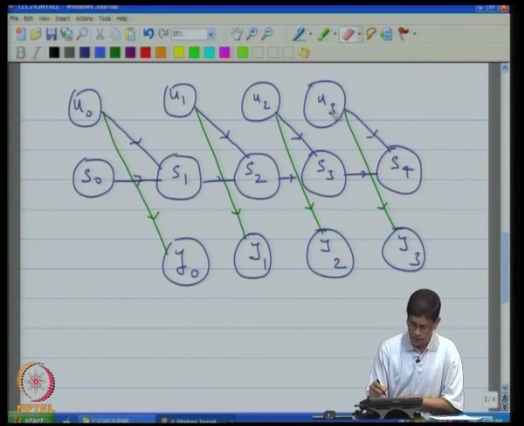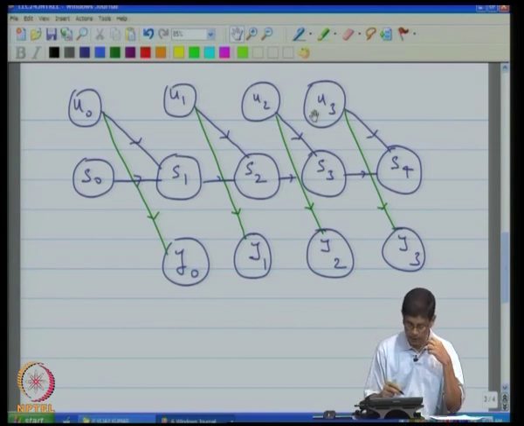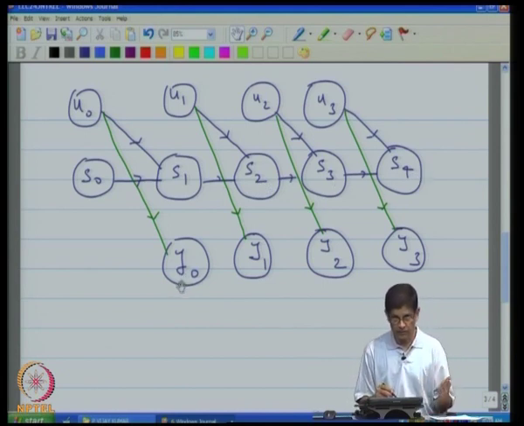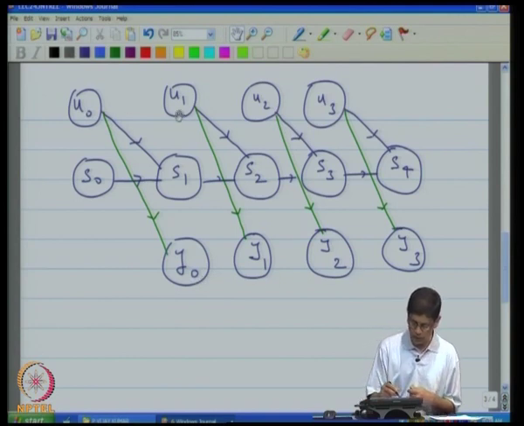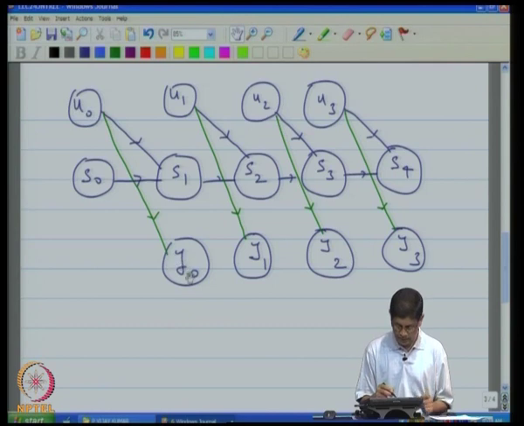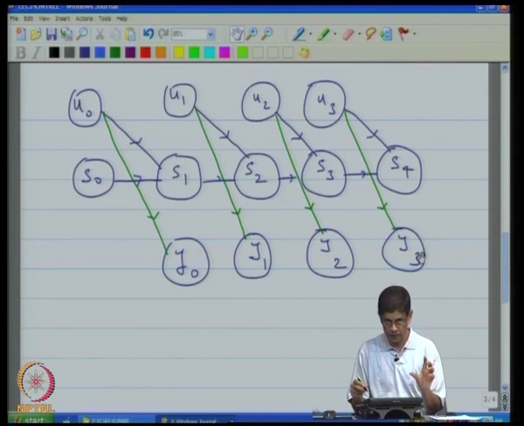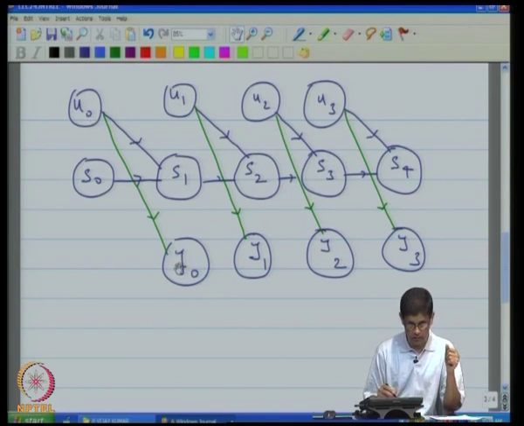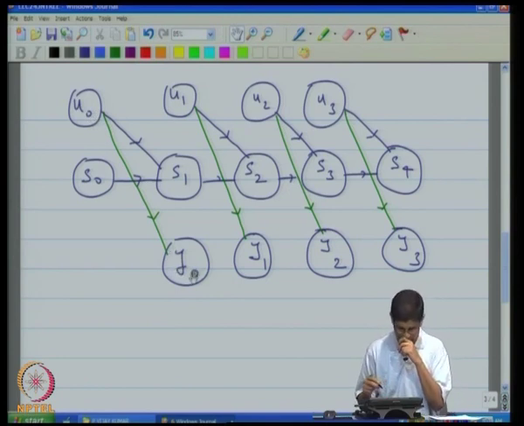There are in fact 4 information symbols, which are U0, U1, U2 and U3, and then the convolutional encoder is initially in state S0 and subsequently goes through states S1, S2, S3 and S4. The corresponding received symbols are Y0, Y1, Y2 and Y3, and given Y0, Y1, Y2 and Y3, we are asked to recover U0, U1, U2 and U3. And I pointed out last time that Y0, Y1, Y2, Y3 are in general n tuples, okay, because your convolutional code being rate 1 by n, for every input symbol there are n output symbols. So, each of these is a vector actually.